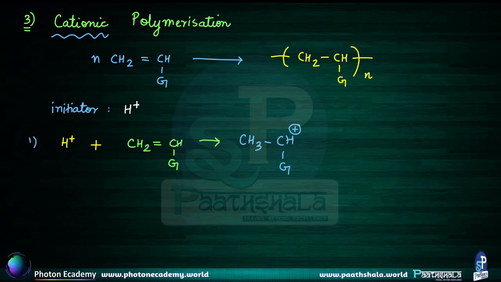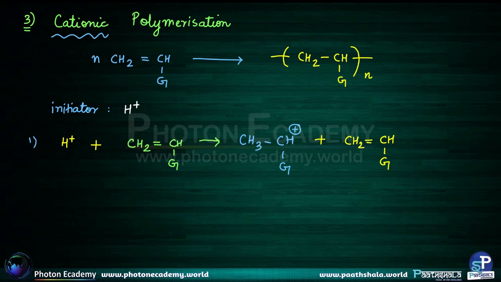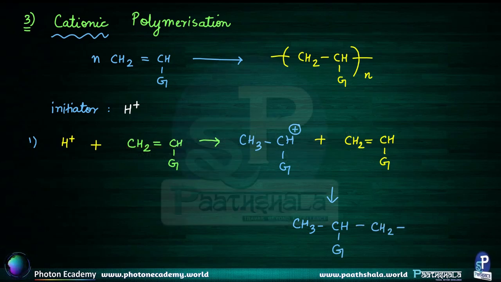When this happens, it will again react with the monomer species, that is CH2 double bond CH with the group G, and as the reaction proceeds, we know that it will lead to the formation of CH3CH. The positive charge will shift to the next monomer that we attained, and it will be CH with a positive charge and a G group.